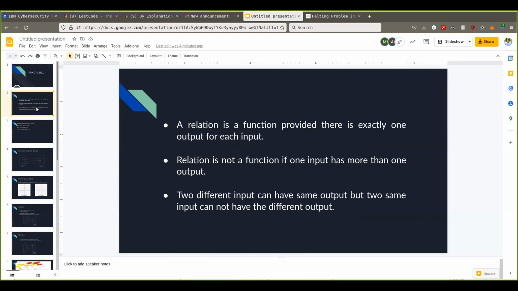Then only this will be defined as a function. Otherwise, it would not be called a function. A relation is not a function if one input has more than one output. Two different inputs can have the same output, but two same inputs cannot have different outputs.